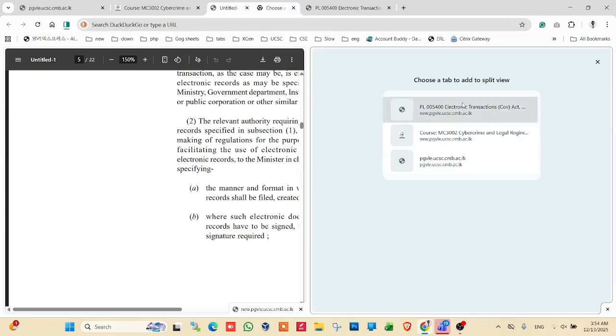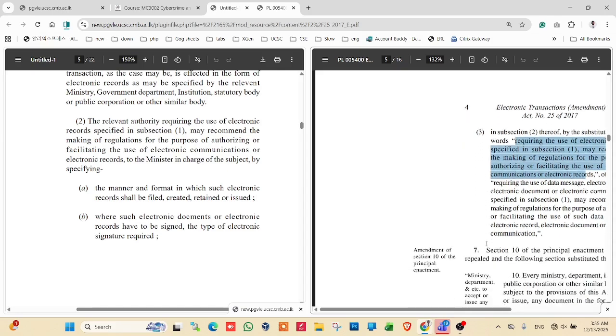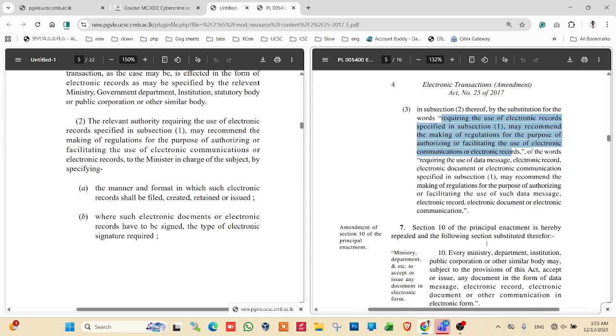To the manner and format in which such electronic record shall be filed. That means I can change the format as well if I want to. And where such electronic documents or electronic records have been signed, the type of electronic signature required and the other mannerisms.